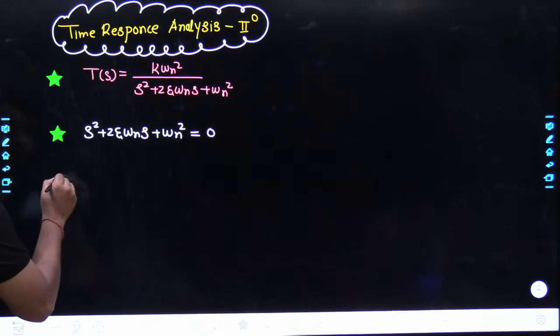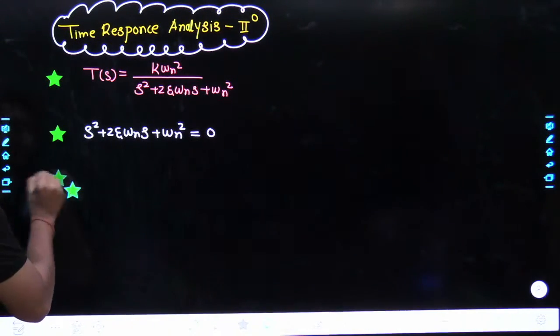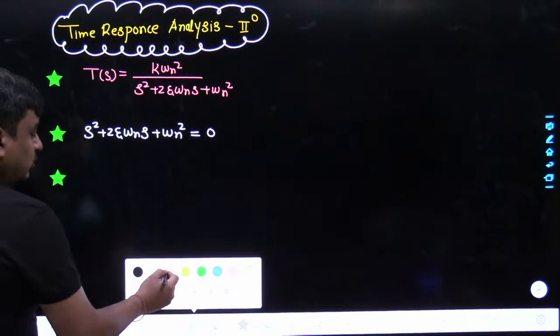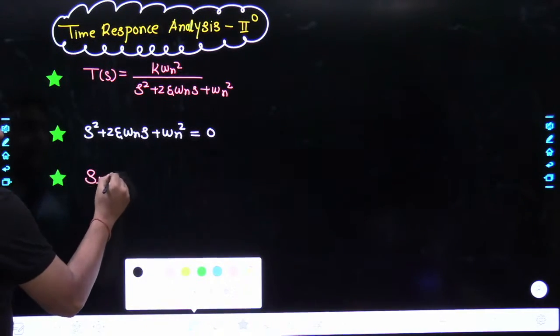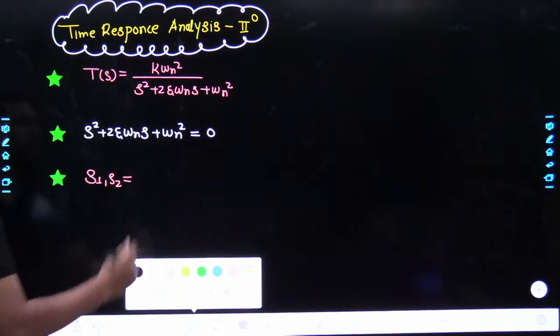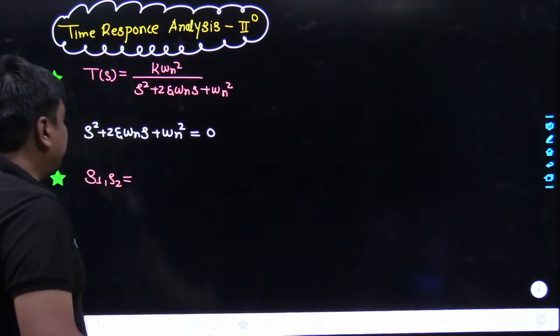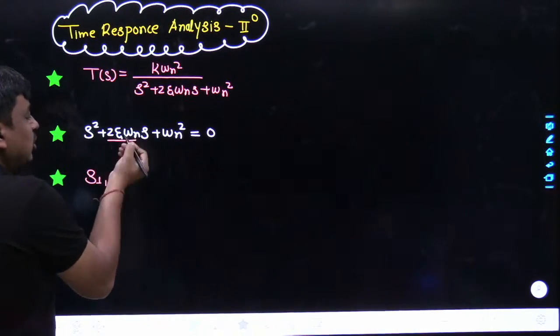So let me write the third important point. The roots can be easily calculated with the help of the quadratic formula, S1 and S2. What used it to be? It used to be minus b. In place of b, the 2 zeta omega n is there.